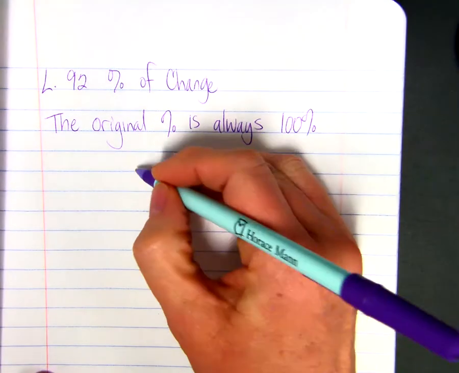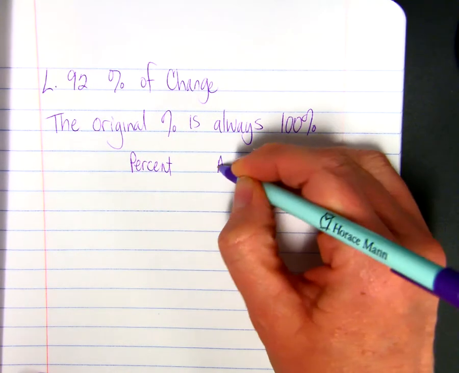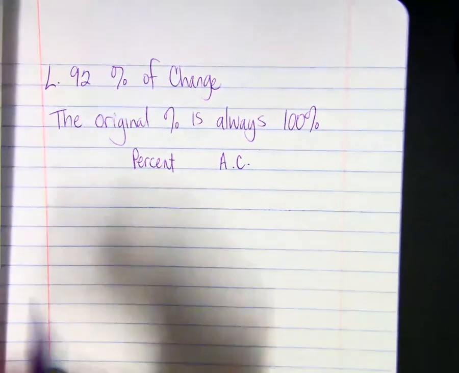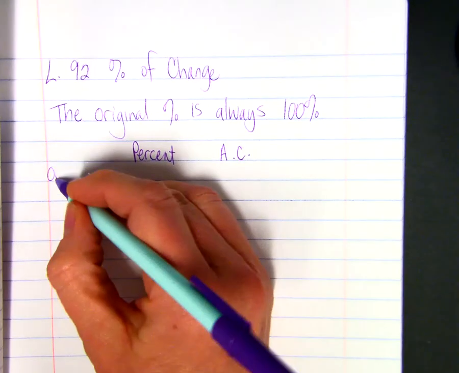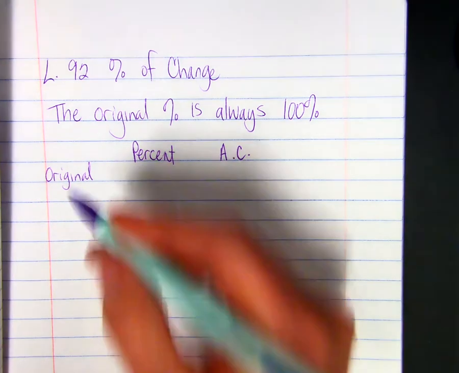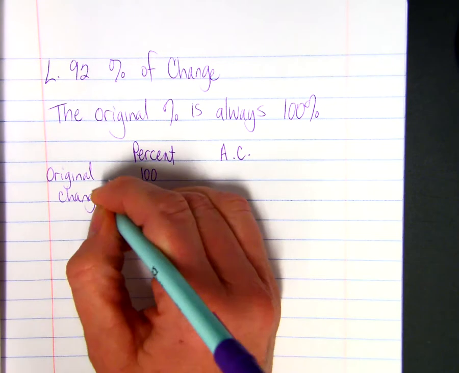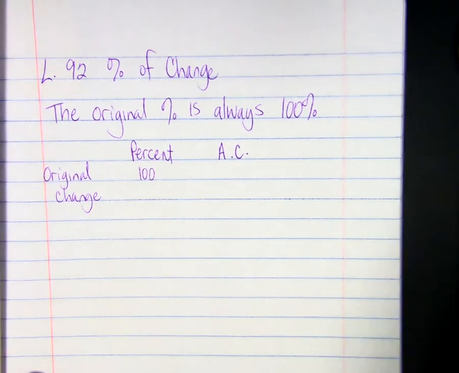So the way it looks is we have a percent and an actual count. Then on the left, we have our original amount, which we said the original percent would always be 100. Then we have the change. Now you can increase or decrease.